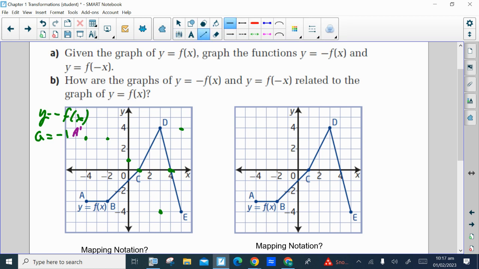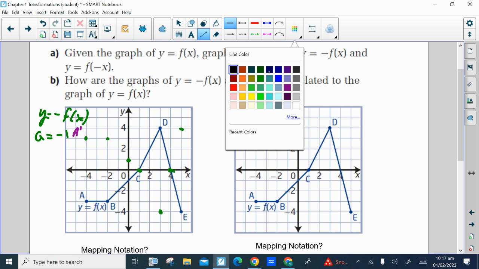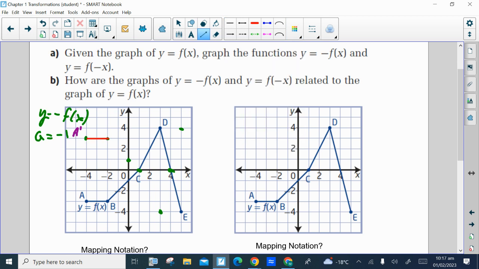So we can now connect all these points with a line, and we'll have our graph. So there's the graph of y equals negative f of x. Again, our a value is negative 1, and that causes a reflection over or across or about the x-axis.